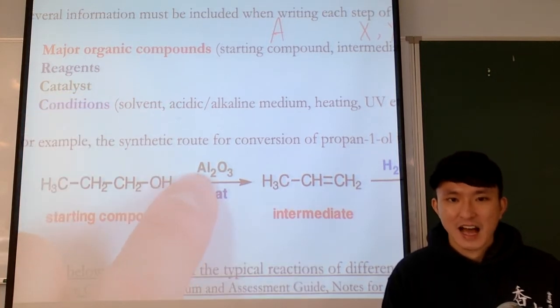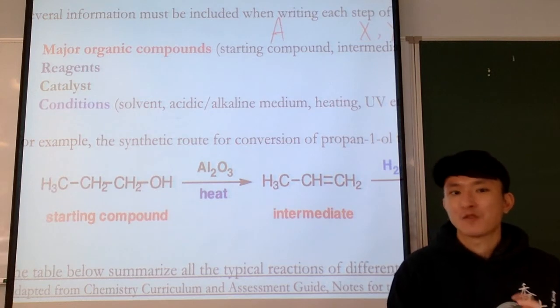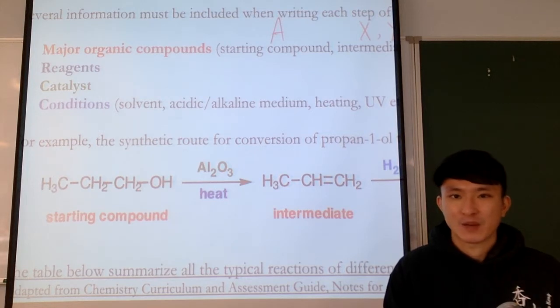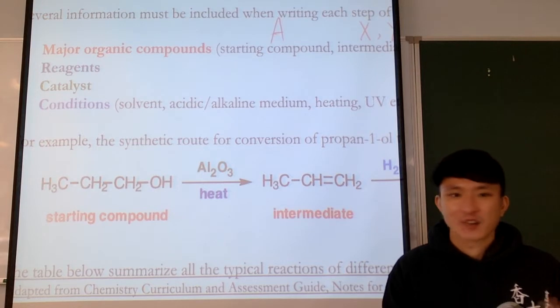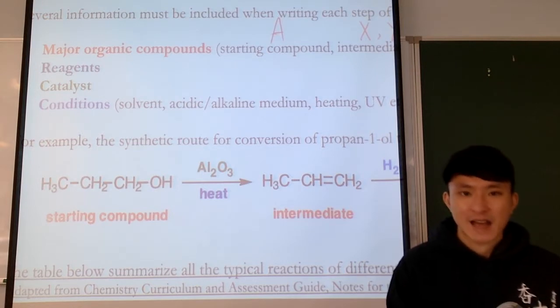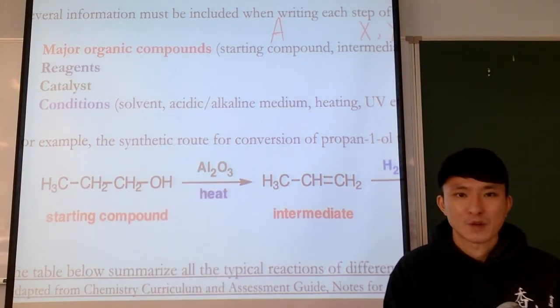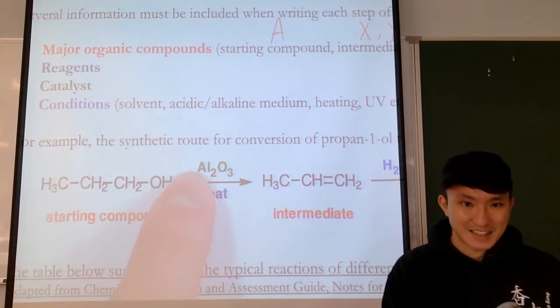So here, aluminum oxide is a catalyst because if you remember, for dehydration we have dehydration and we also have catalytic dehydration. One, we use a dehydrating agent such as concentrated sulfuric acid. Another one, we use a solid, which is either aluminum oxide or we can use pumice stone, right? So this is considered as a catalyst.